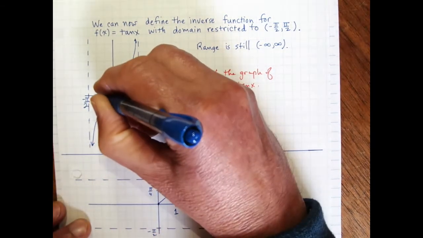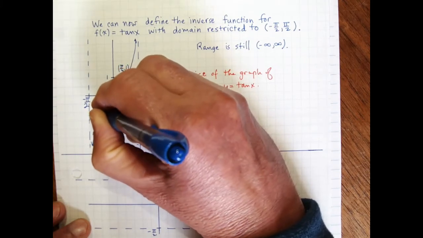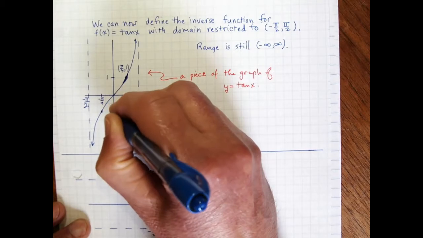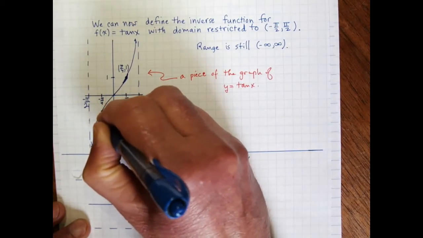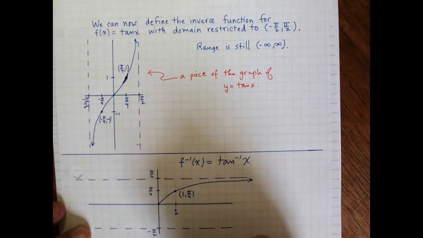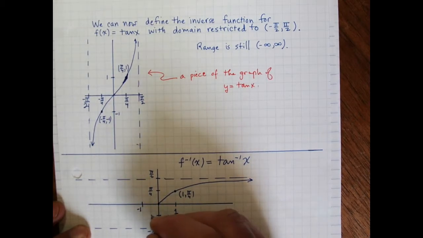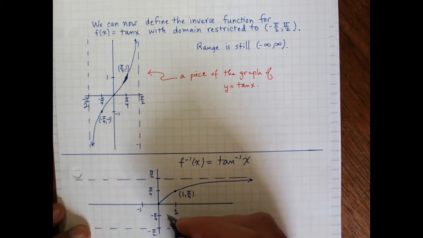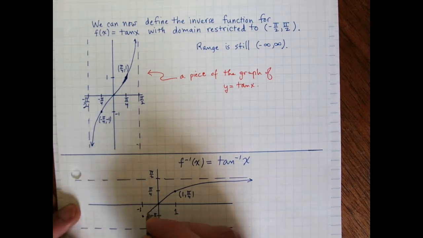Just like we have negative pi over 4, negative 1 on the graph of the restricted graph of tangent that we're using, then I will have negative 1, negative pi over 4, which is going to be here.